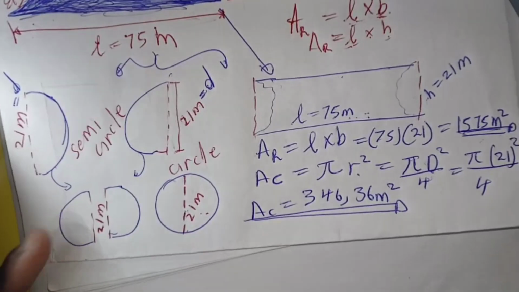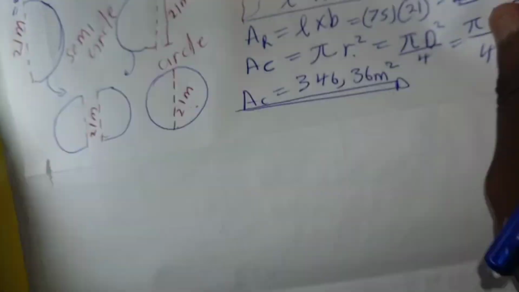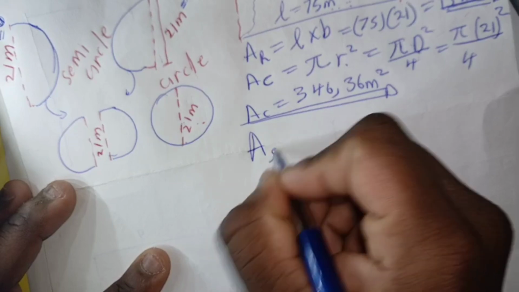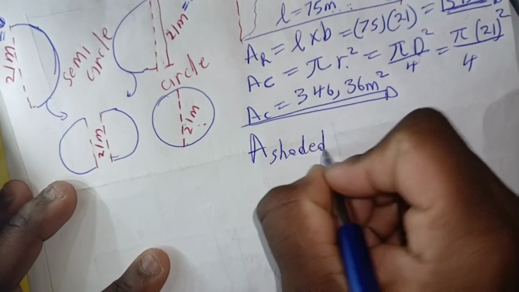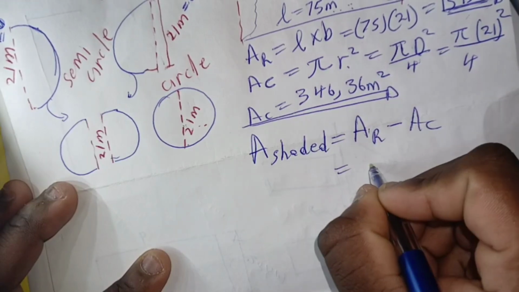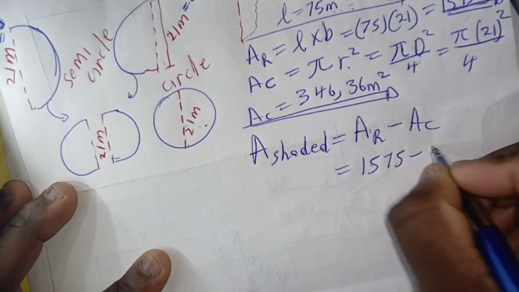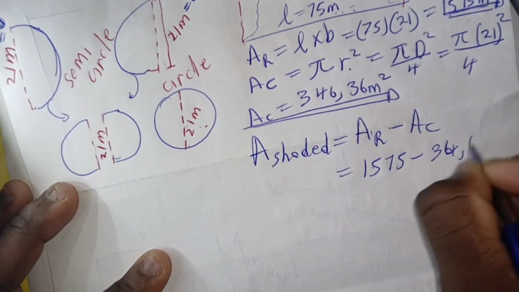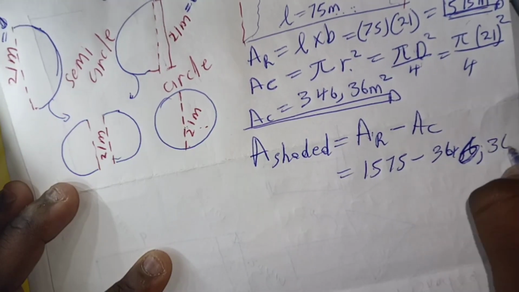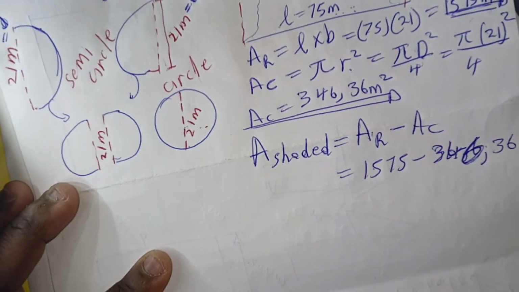Meaning now what I should do is to just subtract. Area of the shaded region is equal to area of the rectangle minus area of the circle. Meaning now it's 1575 minus 346.